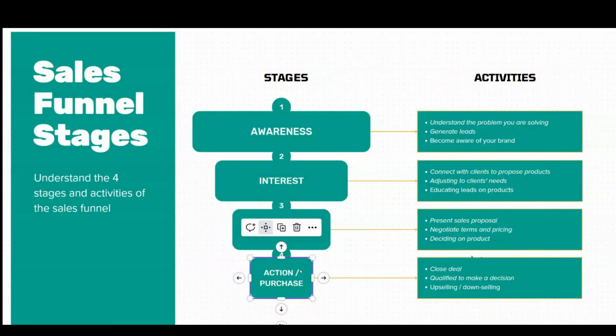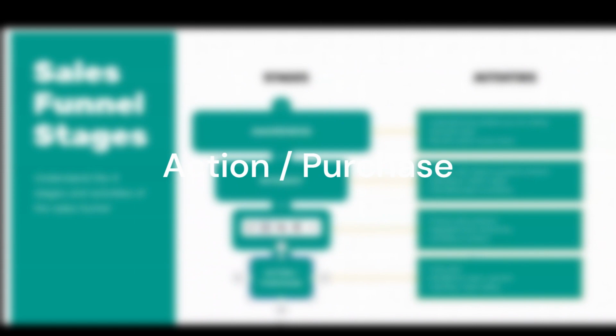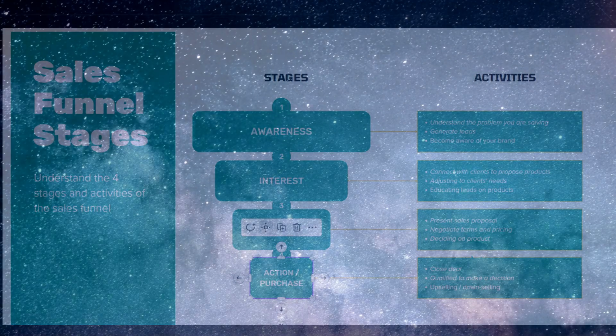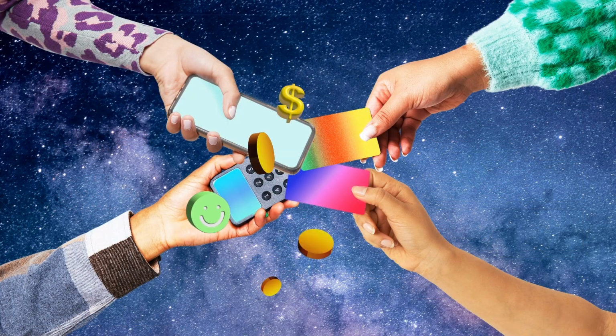Then lastly, the last phase is the action or the purchasing stage or the bottom of the funnel where you're closing the deal. You're making sure that you can upsell to another product or a program that you might have, or downsell. But basically, this is where the client or the prospect is willing to put their credit card down and pay for your product.